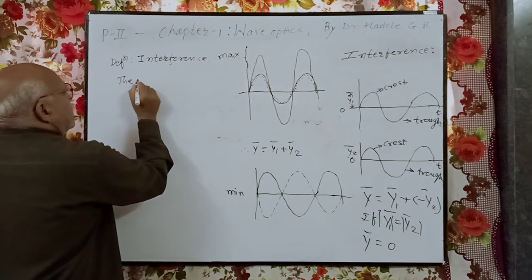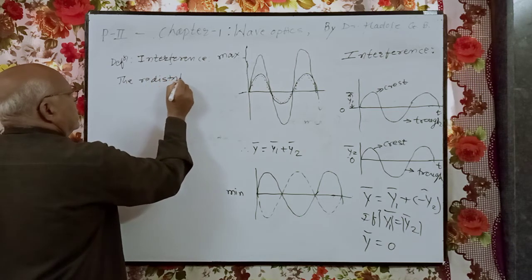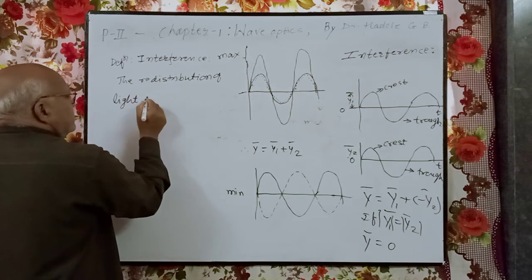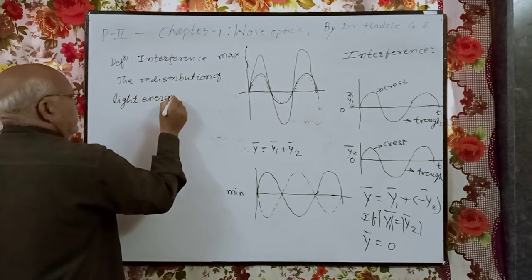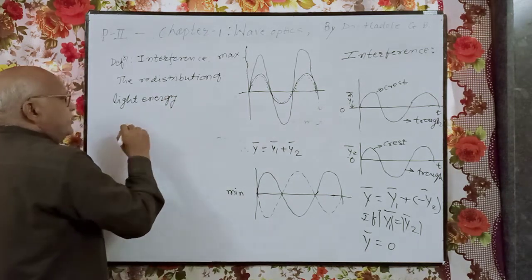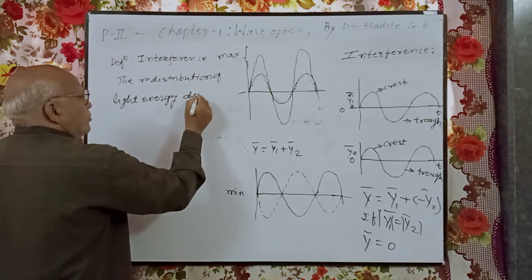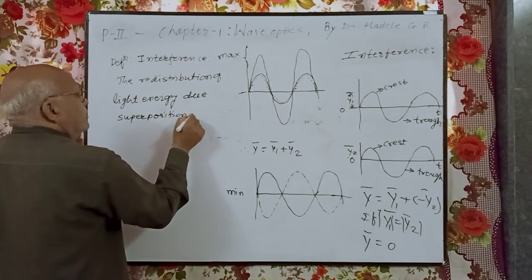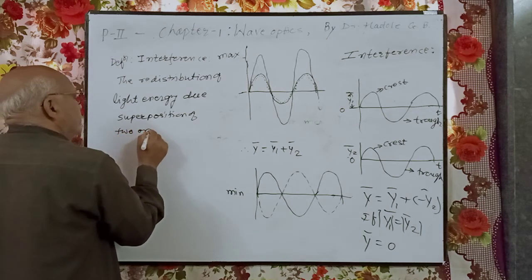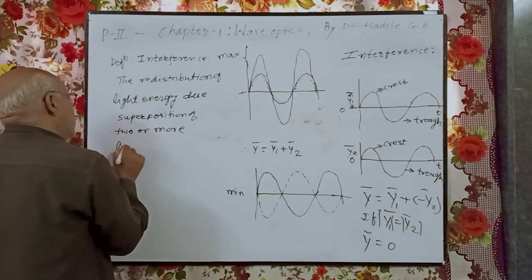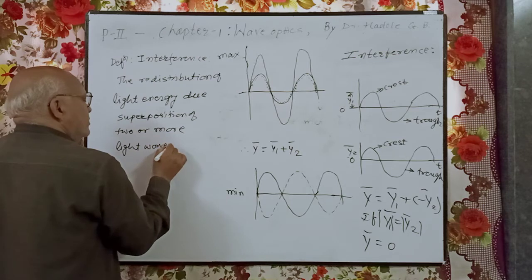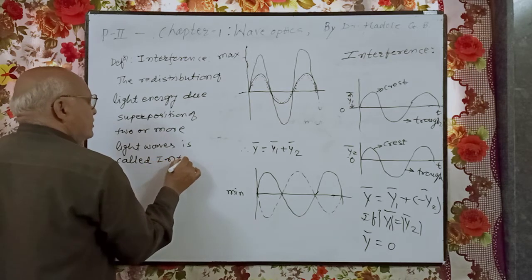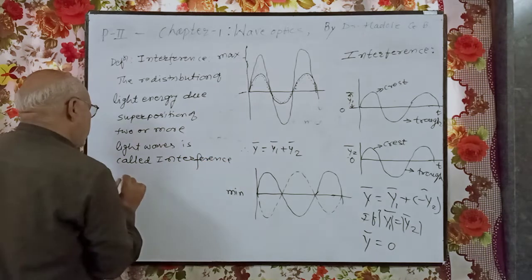The redistribution of light energy due to superposition of two or more light waves is called interference of light.